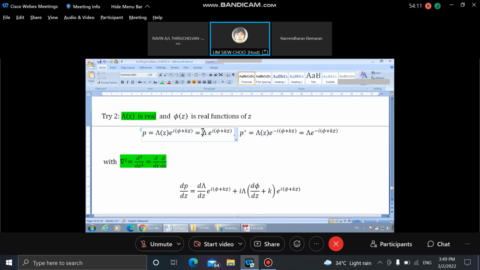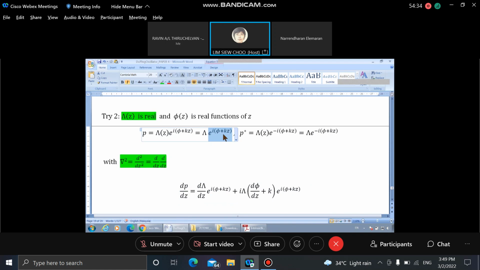So complex is like this. Dp dz, first you differentiate the lambda. So this term is called lambda, capital lambda. Okay, first you differentiate this and then this unchanged. After this, you differentiate this. After this, you let this term unchanged, but you differentiate this.